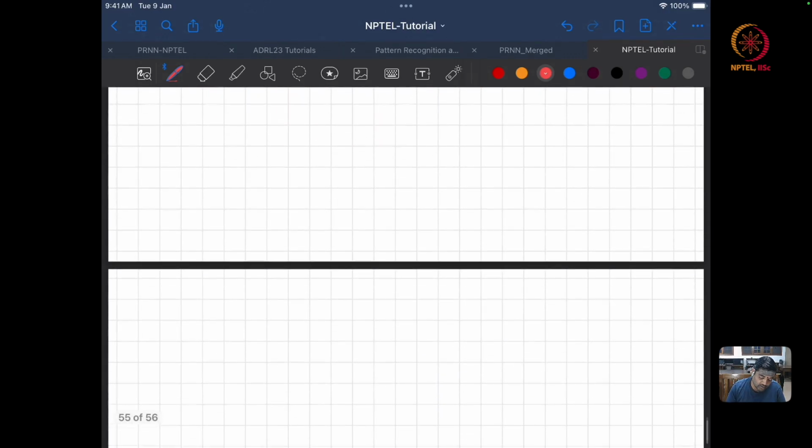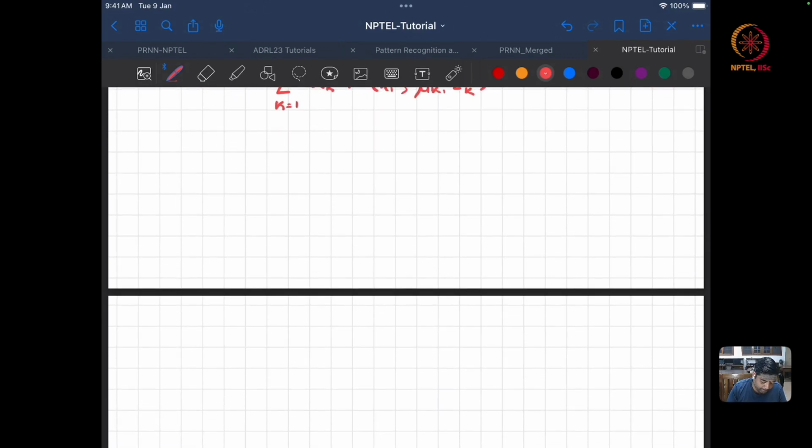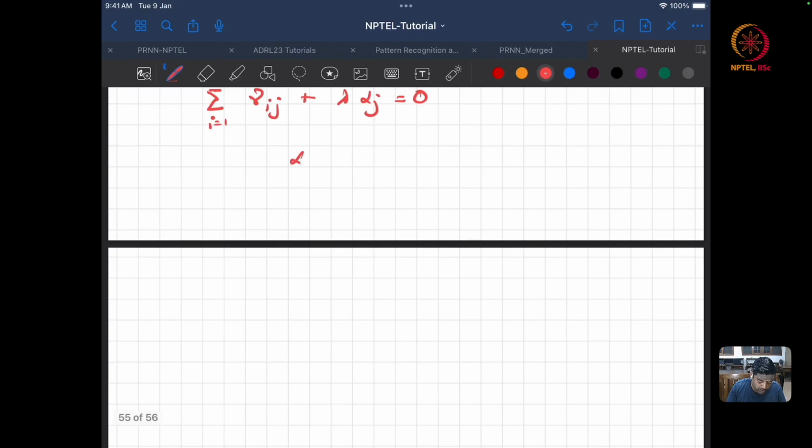Now this will give me summation i equal to 1 to n of the mixing coefficients plus lambda alpha j equal to 0. Therefore my alpha j will be the summation i equal to 1 to n of the responsibilities, divided by minus lambda. This will be my value.